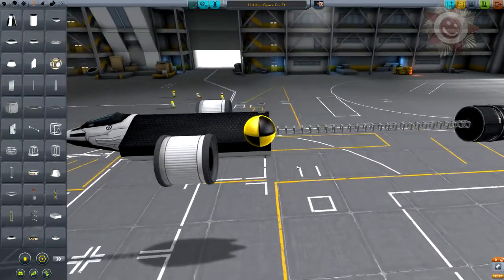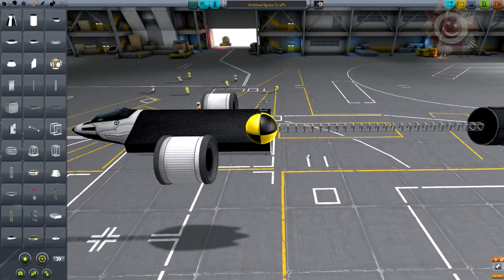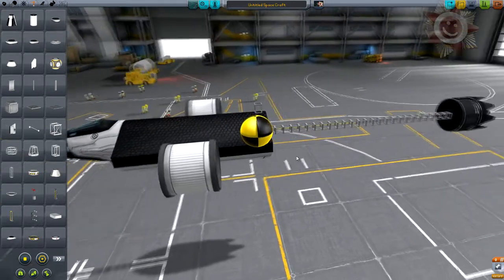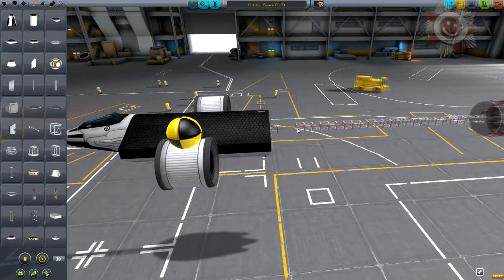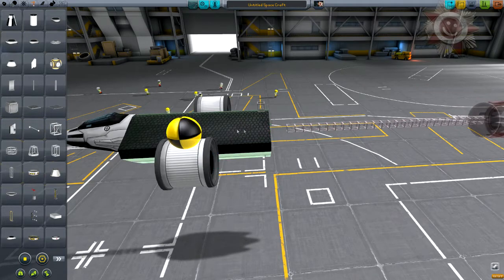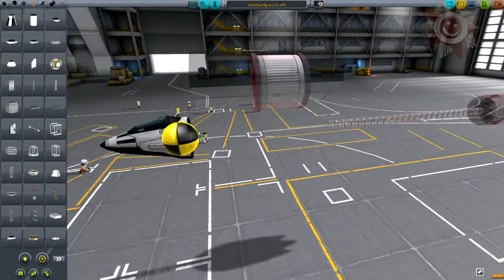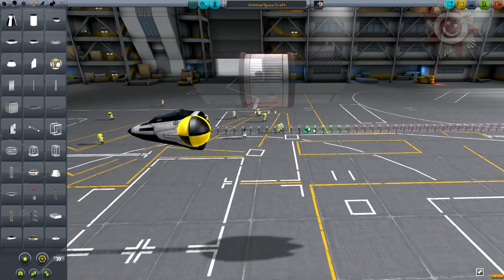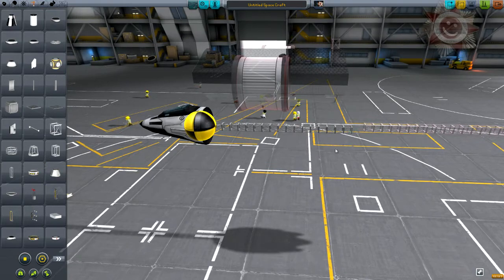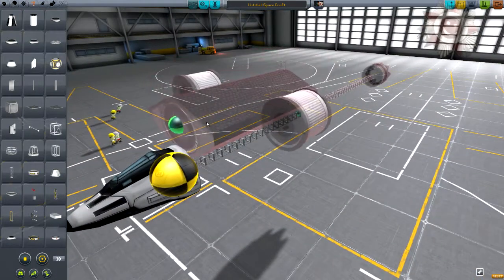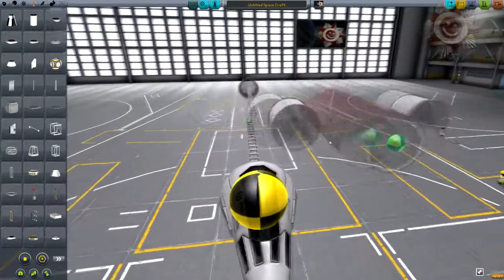Just so that we know, and then we need to figure out where the center of mass will be when the tank is empty, so I'm going to build this temporary thing to help us.